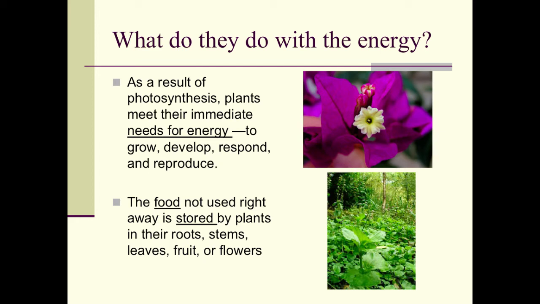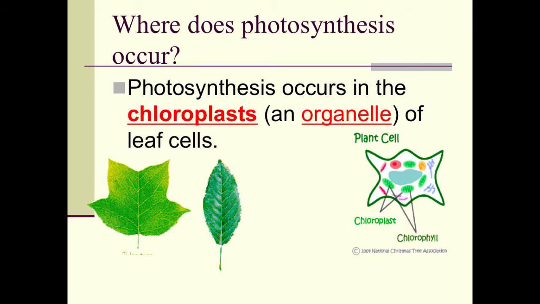The food also is not used right away, but it can be stored by plants in their roots, stems, leaves, fruit, and flowers. So just like plants and just like animals, they require energy to obtain life responses like growing, reproduction, and so forth.